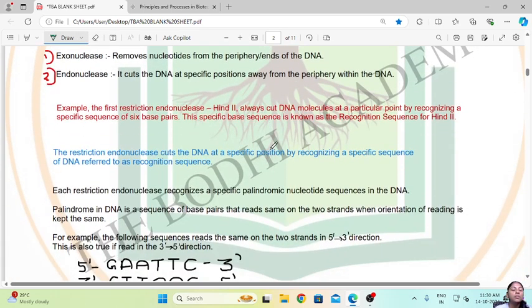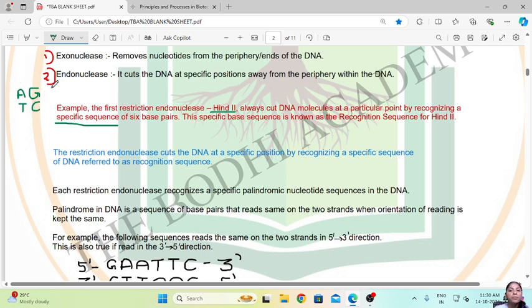Talking about one example, that is the first restriction endonuclease, Hind2, which was discovered. It always cut the DNA molecules at a particular point by recognizing a specific sequence. So the enzyme could recognize a specific sequence of 6 base pair. For example, we know that the A, that is adenine, always pairs with T, that is thymine, and G, guanine, always pairs with C, that is cytosine.